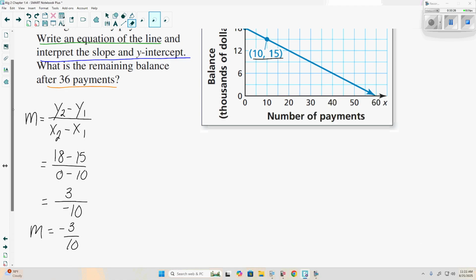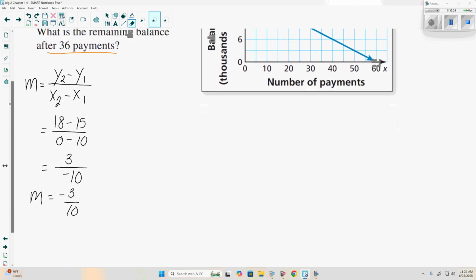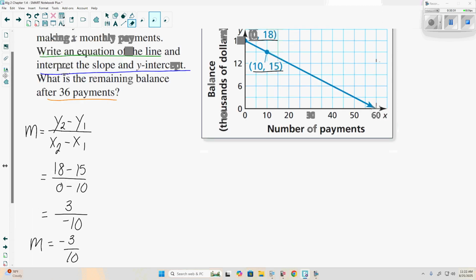Okay. So we found the slope. Next thing we need to do, since we have the slope, let's interpret the slope and the y-intercept. So the slope is negative 3/10. Now our x is the number of payments. And the balance is what? So our y value is balance in what? Thousands of dollars.